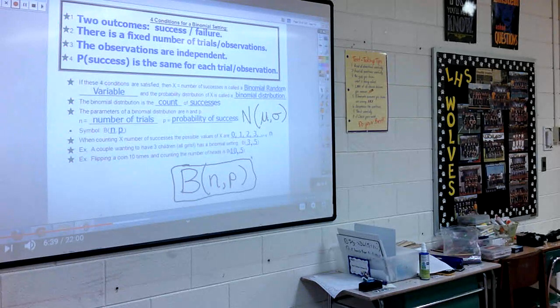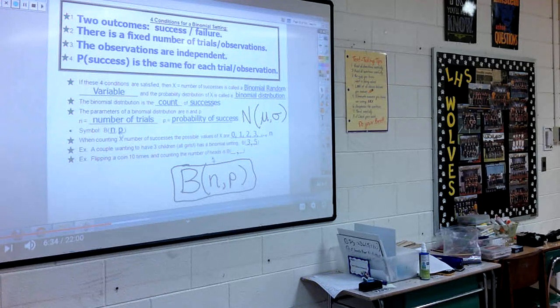For a binomial distribution, it's this B over here with n and p. The B tells the person reading it that it's binomial. The n stands for the number of trials, and the p stands for the probability of success.